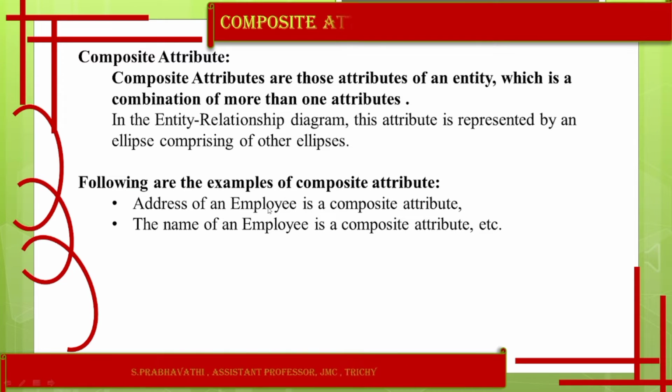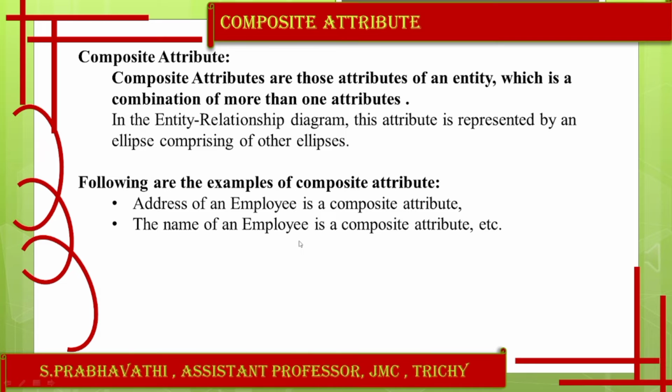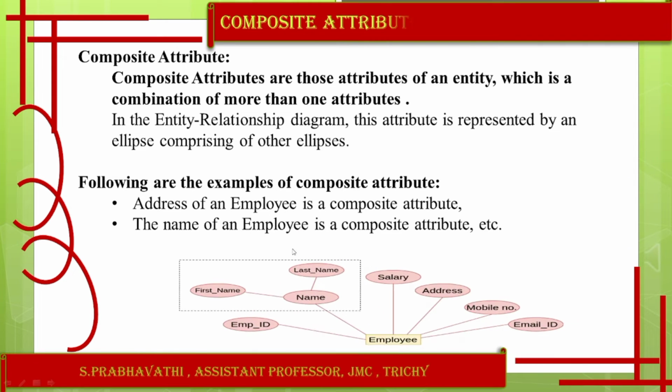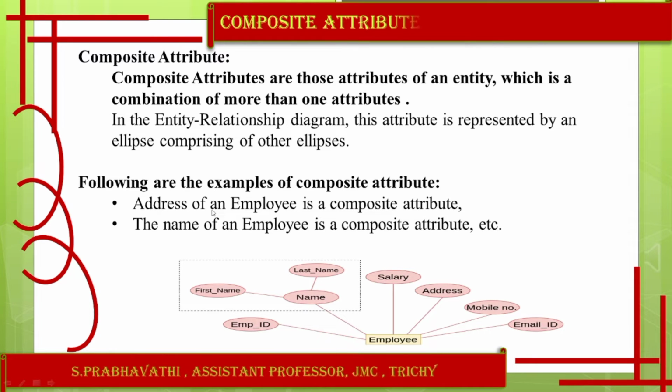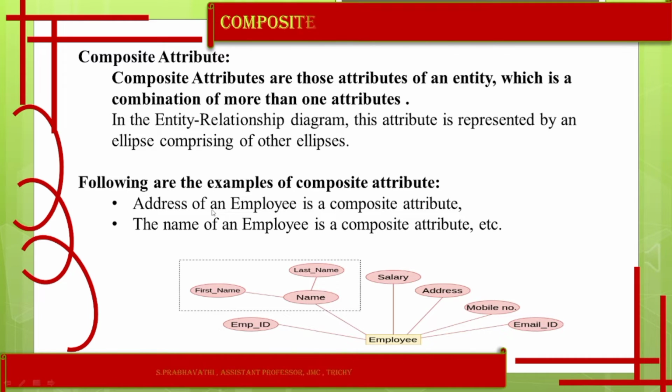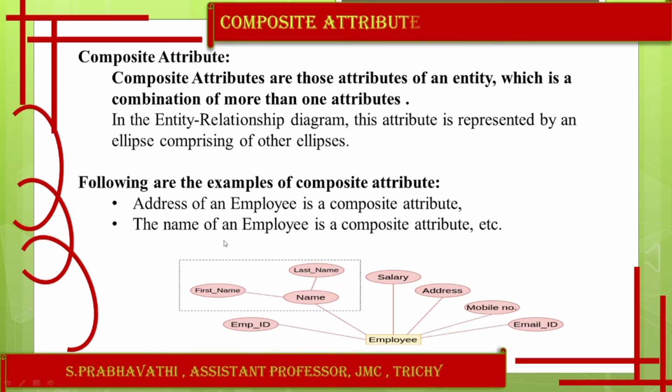Address of the employee is a composite attribute, and name of the employee, made of first name and last name, is a composite attribute. The address has street number, street name, door number, and flat name. So address and employee name are composite attributes.